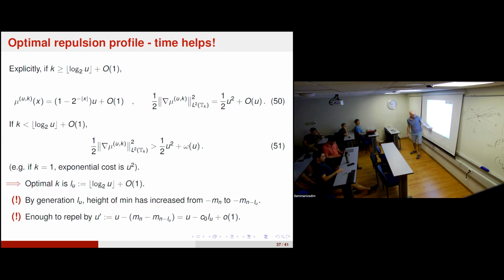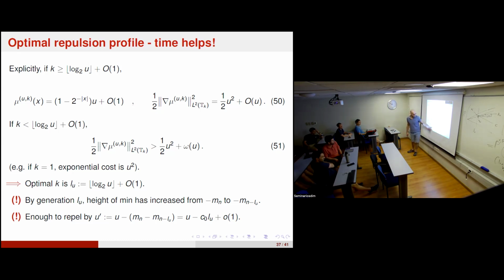You can lift everything by u prime, which is u minus these log u generations, because by the time you do this, the minimum has already decreased because the tree has shrunk. And that explains why you don't get mn but mn prime.